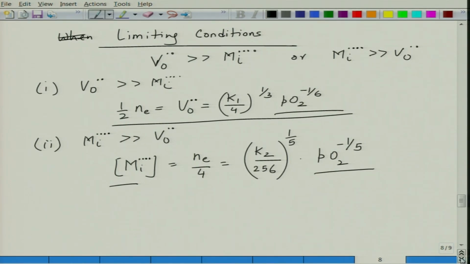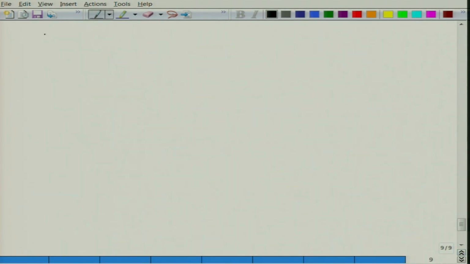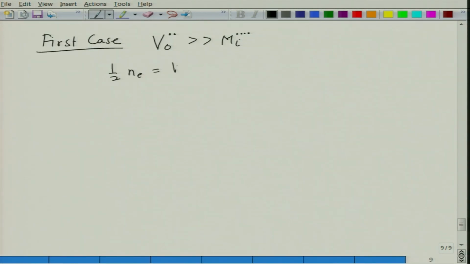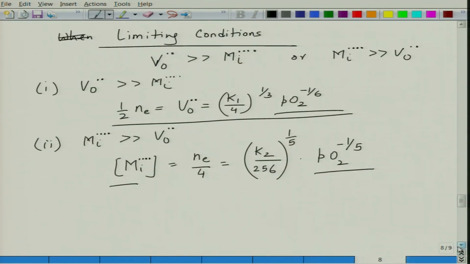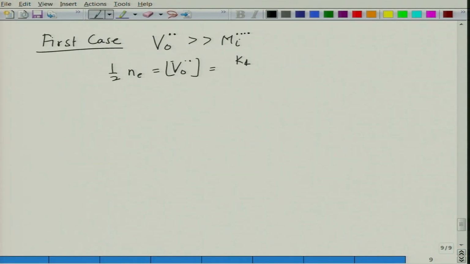So, for the first case, so let us take the first case. The first case was when VO was much greater than Mi. Okay. So, in the first case we calculated half Ne is equal to VO, which is equal to K1 divided by 4 to the power 1 by 3 into P to the power minus 1 by 6.